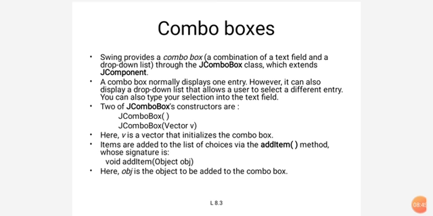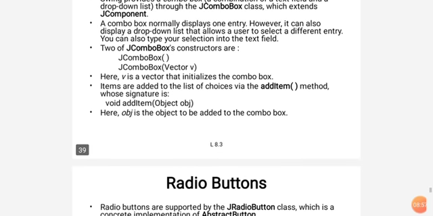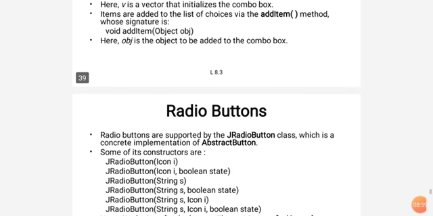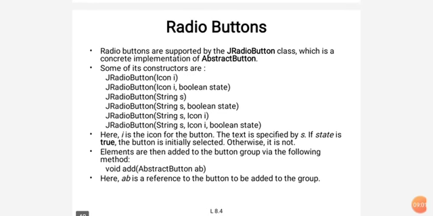Then, if you make it visible, only then will it display to the user. This is one more type of component, the Swing component combo boxes. I already told you all these components are present in the swing package. So whenever you want to create the components, first you need to import the javax.swing package into your program, then write the remaining code.